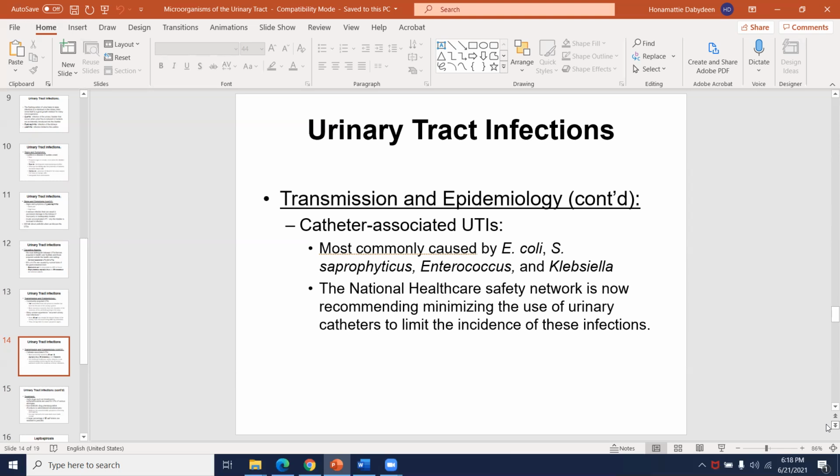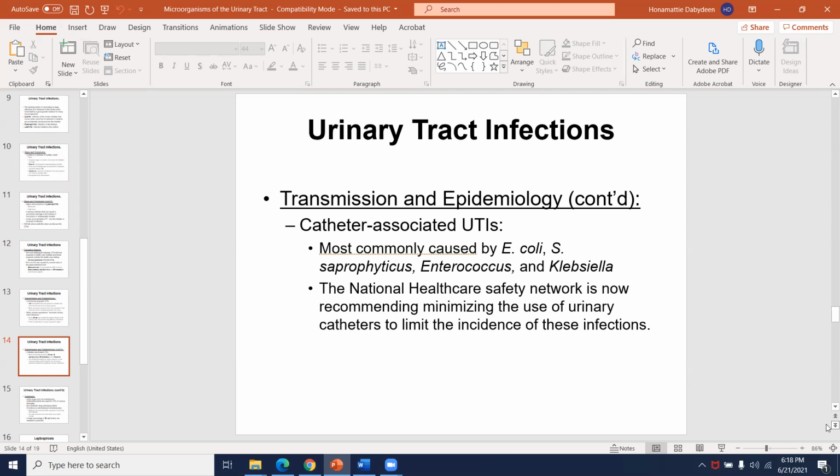Sometimes if you're not careful and you're not even inserting the catheter carefully, you can contaminate. And remember, this is going straight into the bladder. You can contaminate the bladder that way.